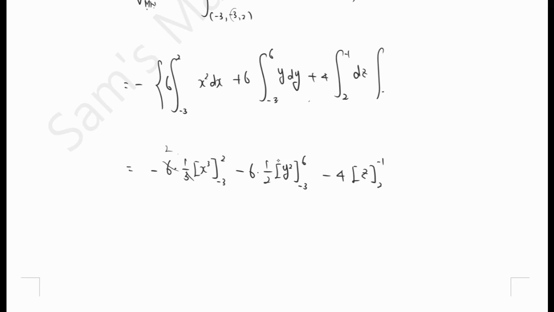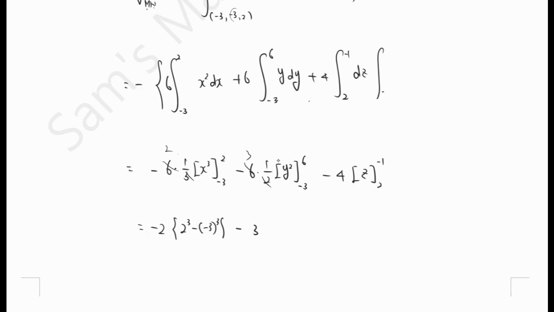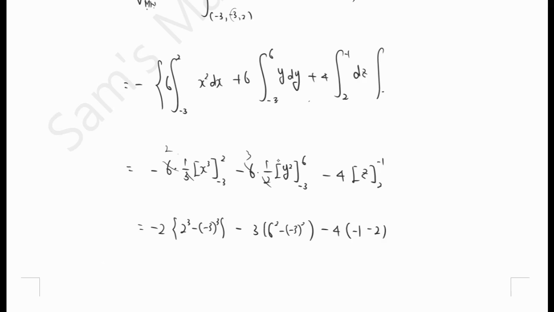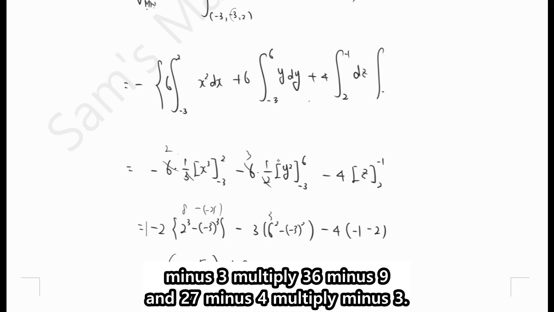The 2 cancels 3, and this is minus 2 times 2 cubed minus minus 3 cubed, minus 3 times 6 squared minus 3 squared, minus 4 times minus 1 minus 2. So this is minus 2 multiplied by 8 minus minus 27, which is 35, plus minus 3 multiplied by 36 minus 9, which is 27, minus 4 multiplied by minus 3.